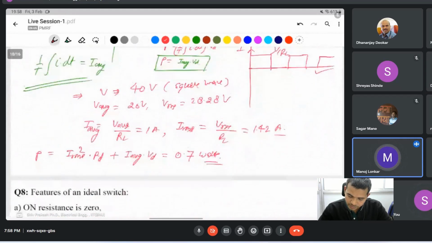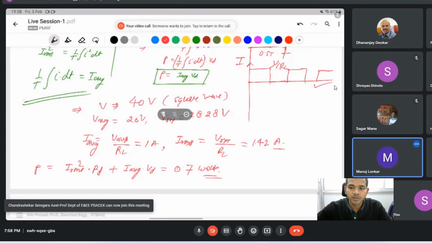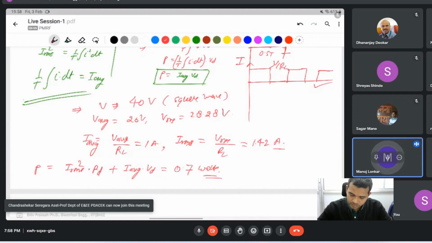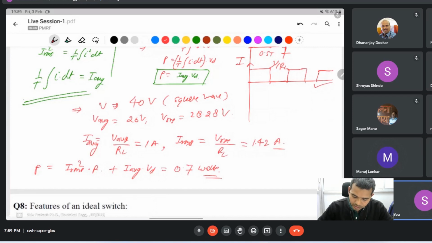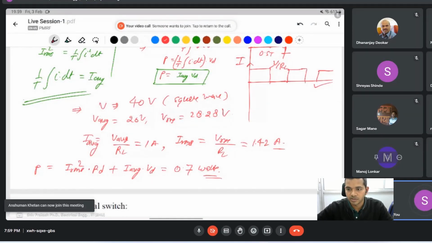Last equation: P is equal to I RMS square into RD, the diode resistance. It will give, I think, 50 milliohm. When you have a resistance, you find the RMS current, and when you have a voltage source, you find the average current for the power calculation.